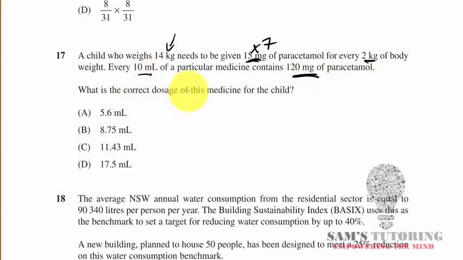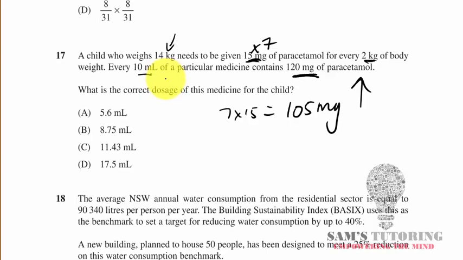What is the correct dosage of this medicine for the child? So I need to first work out how much paracetamol I need for this child. That's 7 times 15. What's 7 times 15? 105 milligrams of paracetamol.